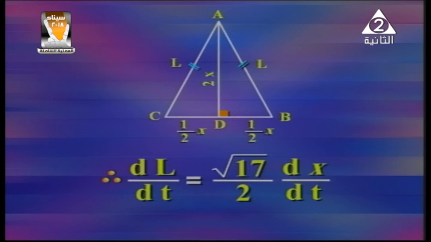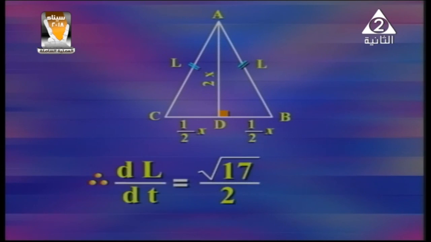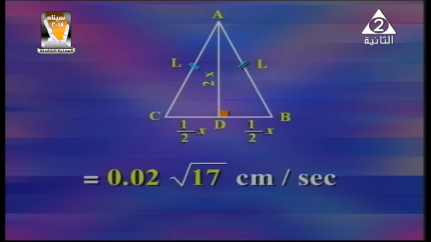By substitution, dL over dt equals root 17 over 2 times 0.04, the given dx over dt. Then dL over dt equals 0.02 root 17 centimeters per second.